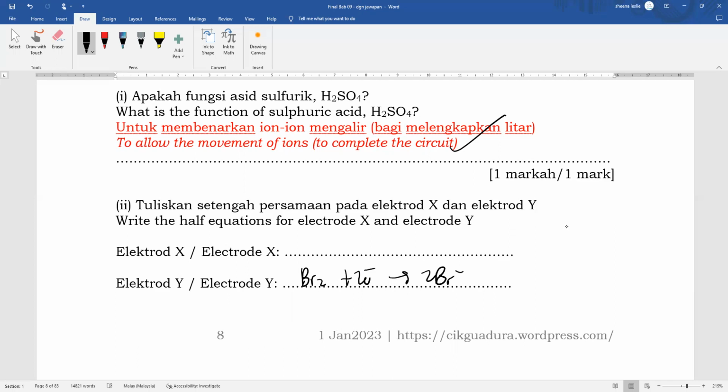Who wants to go? Is it Fe2+ to Fe3+ plus e minus? Very good, Alia. So both are correct. Sorry, not Dini, Alia. My mind was thinking Alia, my mouth says Dini.